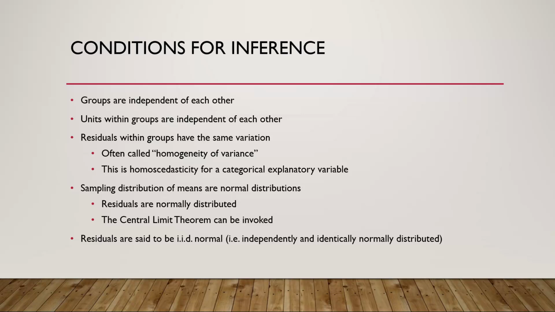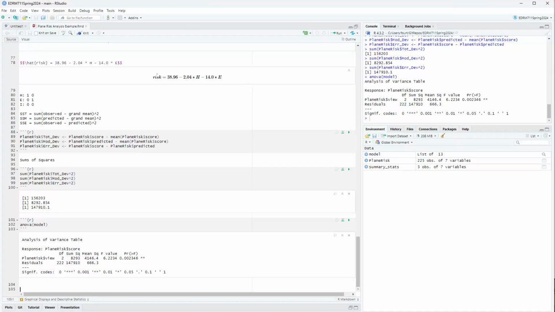And remember, I mentioned in the last video that the mean square residual, let's go ahead and take a look here at our plane risk data, is estimating a common variance among the groups. And if in fact they have different variances, then this cannot be an estimate of a variance. It's like you would need different estimates for different variances.